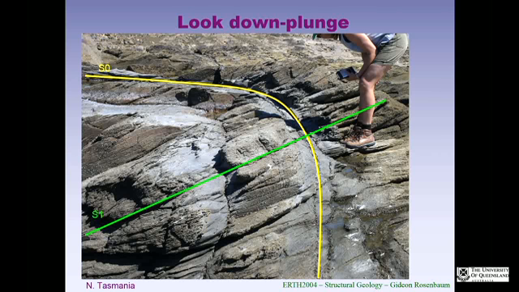Sometimes I will find intersection lineation as well. And I say, is the intersection plunging away from me or towards me? If it plunges towards me, then I look up plunge. If it goes away from me, then I'm looking down plunge. Yeah, sometimes I will find actual little folds. Yeah, so I see basically that the fold hinges are plunging away from me.